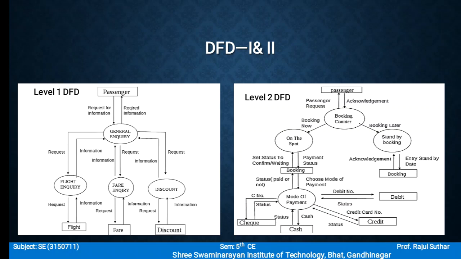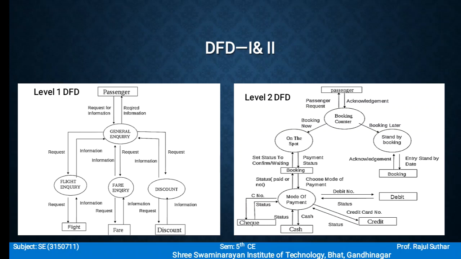For the fare inquiry, the inquiry result is also replied to the passenger. The third one is the discount. In the same way, the request for information is made and the reply is received by the passenger. This is called the detailed data flow diagram. It is a level 1 diagram.